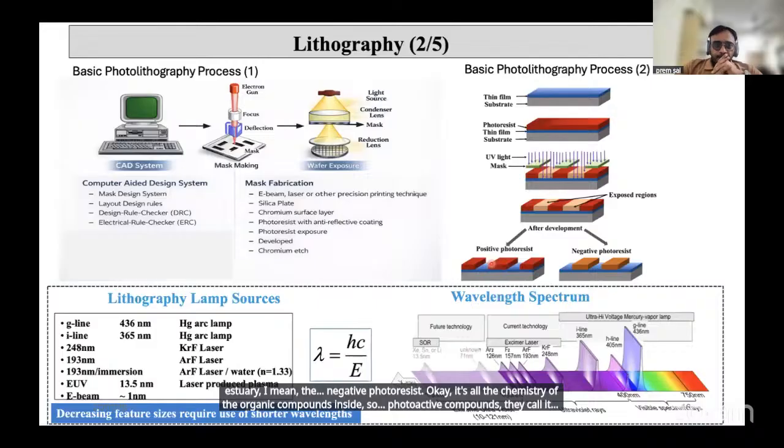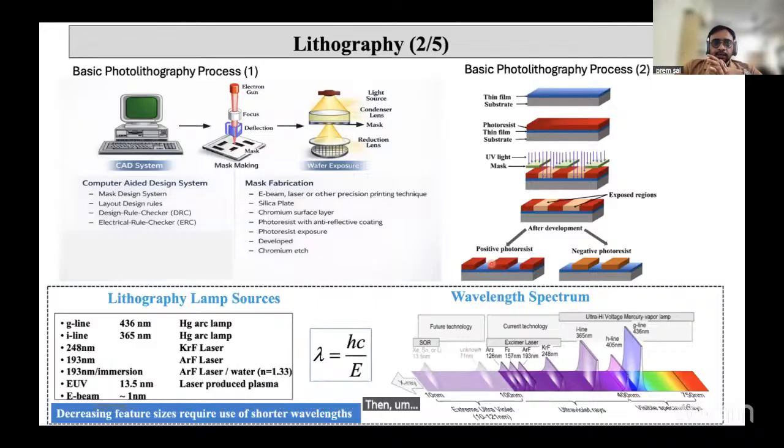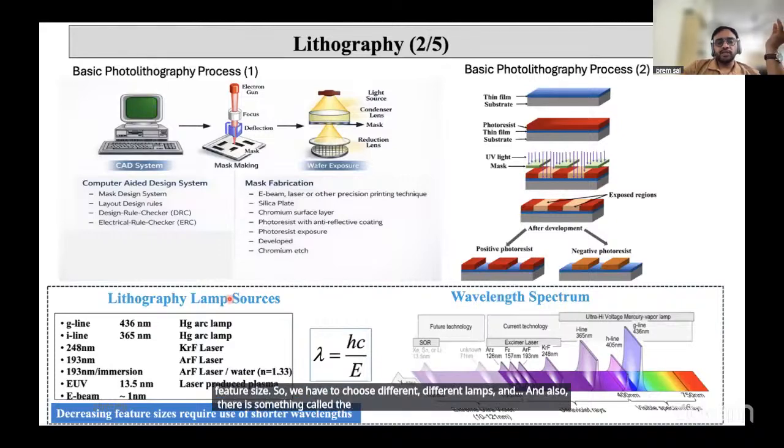Then I want to explain something called lamp sources. As I was talking before, here you can see there is a lamp light source. Based on the feature size, we have to choose different lamps, and there is also something called photoresist compatibility.